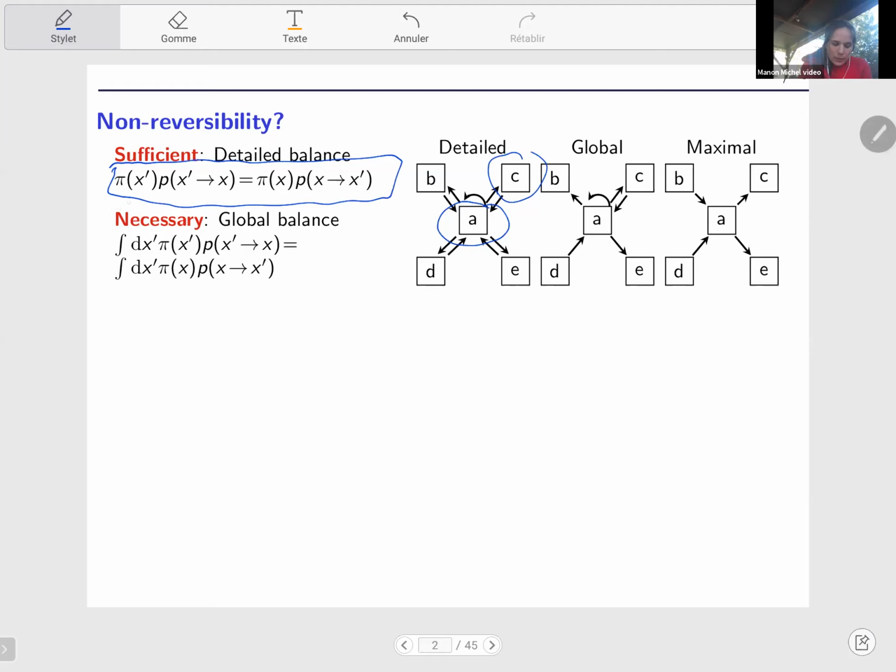But actually, the only necessary condition is global balance. And this would be to have a global balance between your inflows, so here, and your outflows, so here and here.